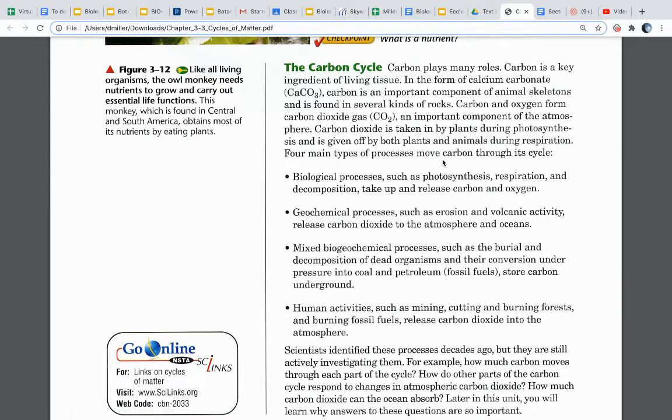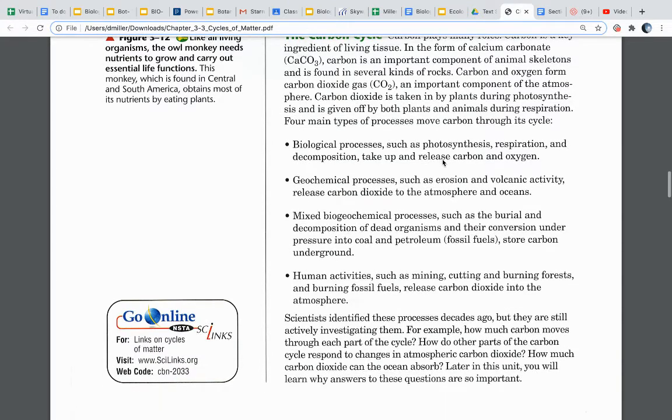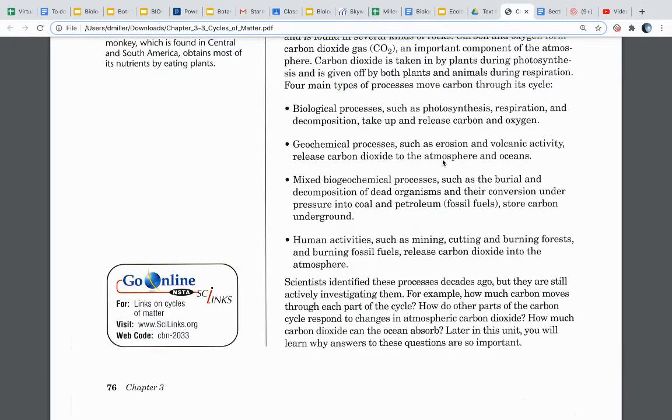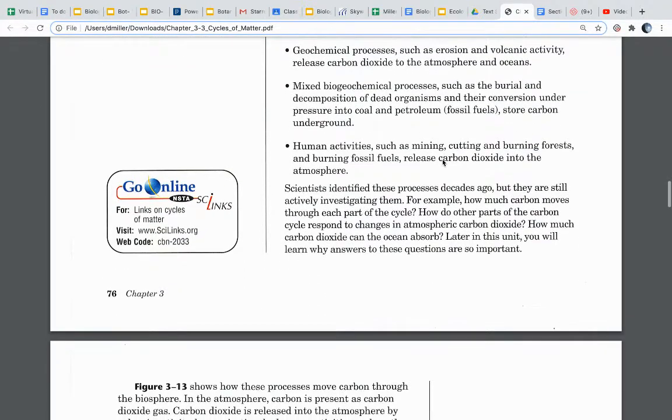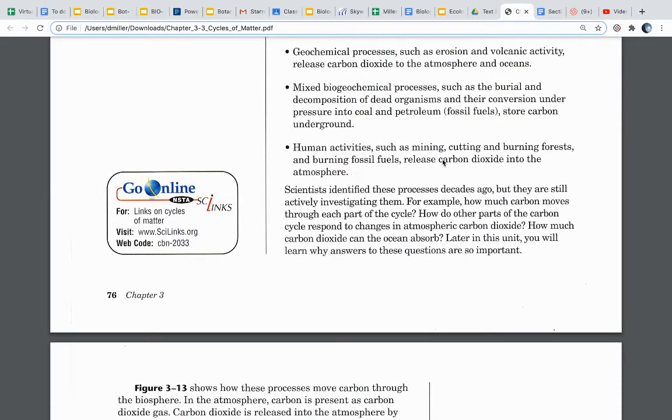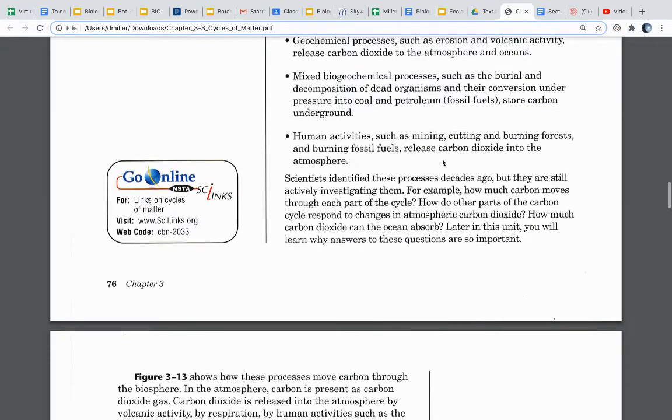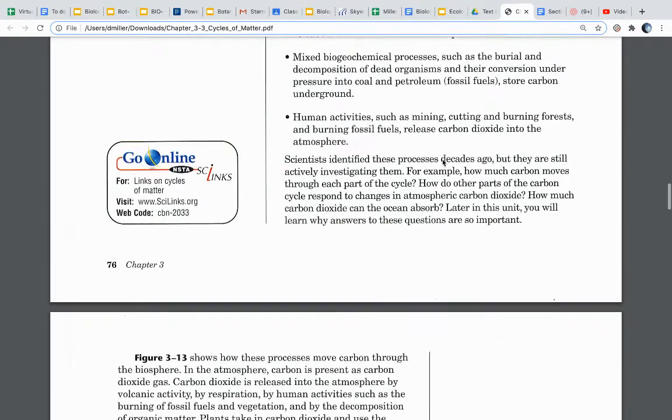Four main types of processes move carbon through its system, or through its cycle. Biological processes, such as photosynthesis, respiration, and decomposition, take up and release carbon and oxygen. Geochemical processes, such as erosion and volcanic activity, release carbon dioxide to the atmosphere and oceans.